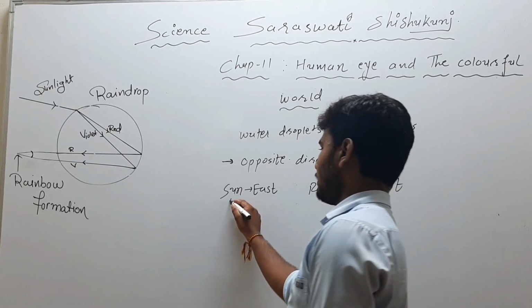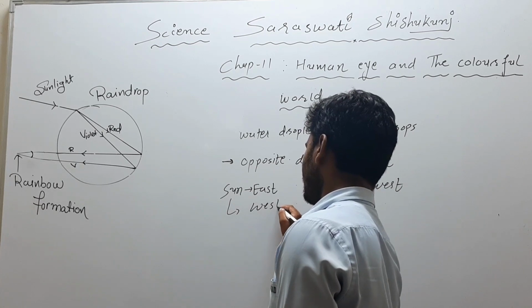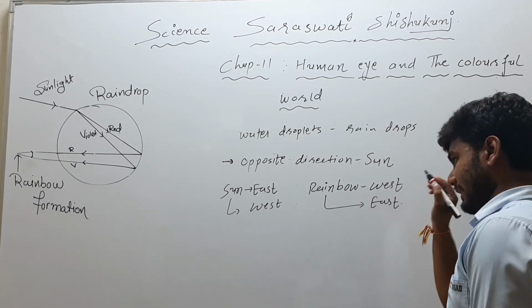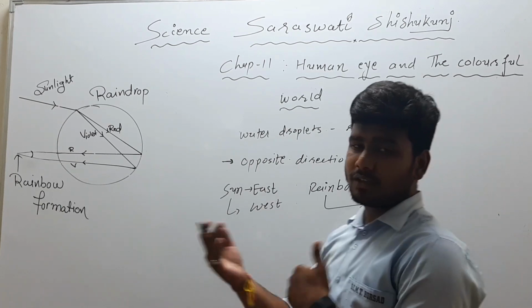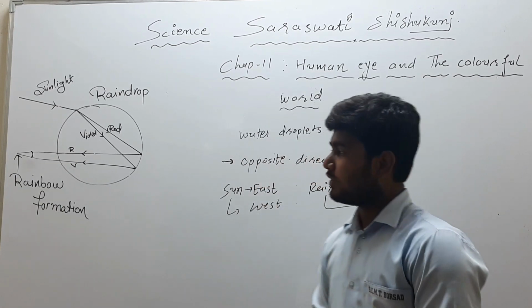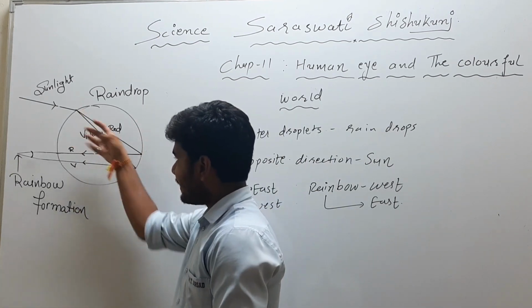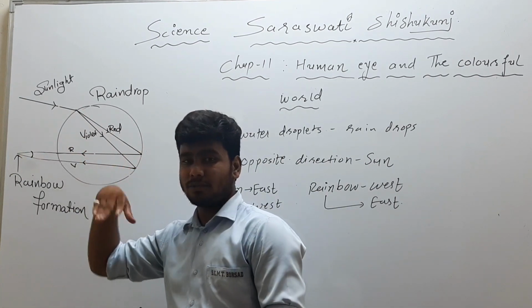And if the sun is in the west, we are able to see the rainbow in the east direction. It will be opposite to the direction of the sun. Due to this internal reflection and the dispersion of light, we are able to see the rainbow.